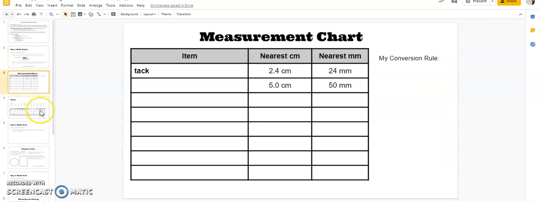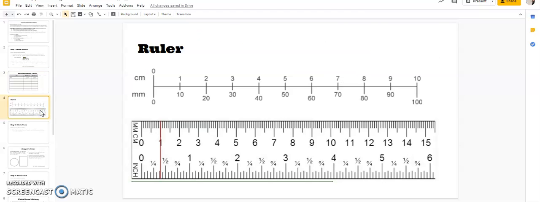And one thing I want to point out, if you're on a ruler, do we start measuring at the edge of the ruler? No, of course not. So what we need to do is make sure that we line up and we measure from the number 0. So right here, if I'm measuring this line, my line that's exactly 5 centimeters or 50 millimeters, I am going to start at 0.